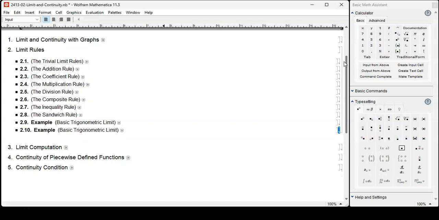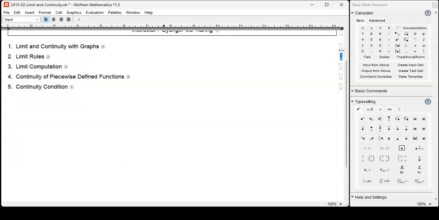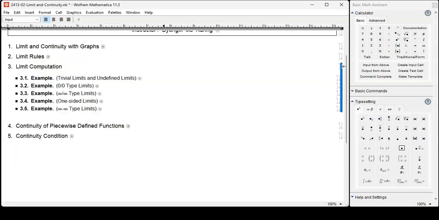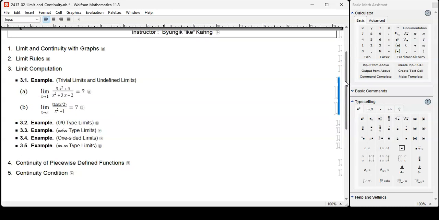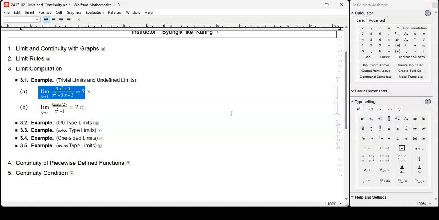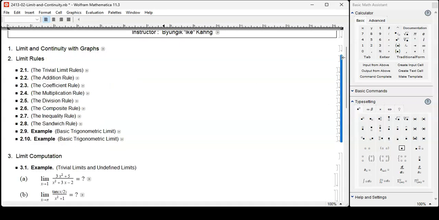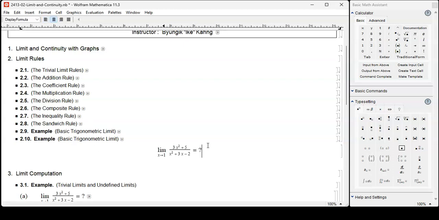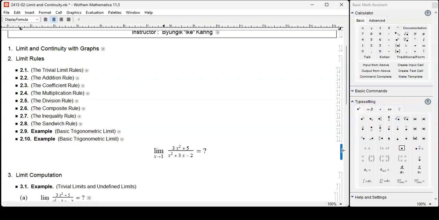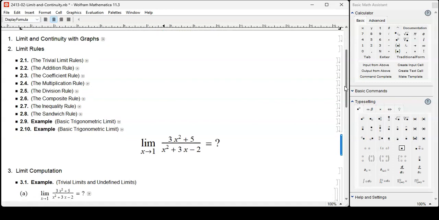I have a bit of time left, so let me take an example problem from the next section and then work it out using a limit rule. So if I use a limit rule, how can I calculate this?